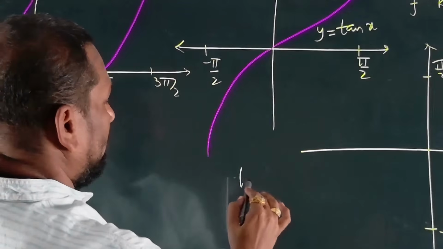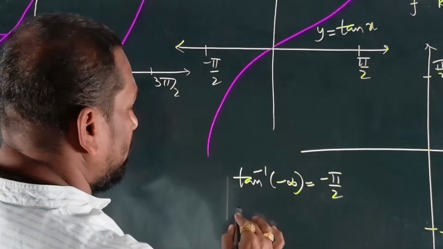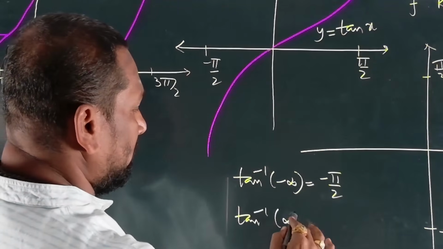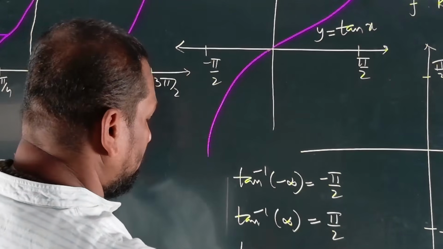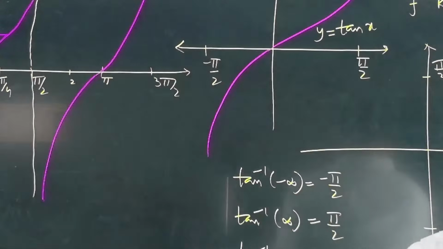Tan inverse minus infinity is minus pi by 2. Tan inverse infinity is pi by 2. Tan inverse 0 is 0. Right?